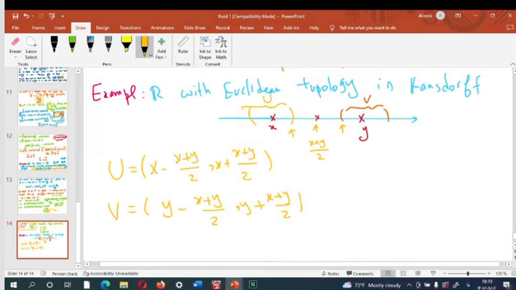or any smaller interval around x and y. For example, you can consider the center of these two, (x plus y) divided by 2 plus y divided by 2, which is equal to (x plus 3y) divided by 4.